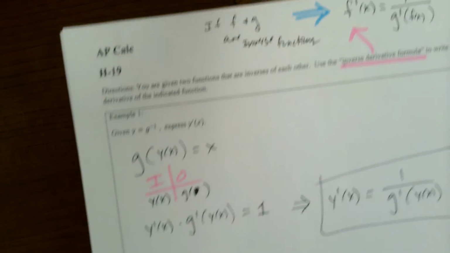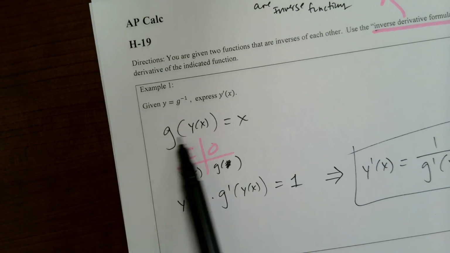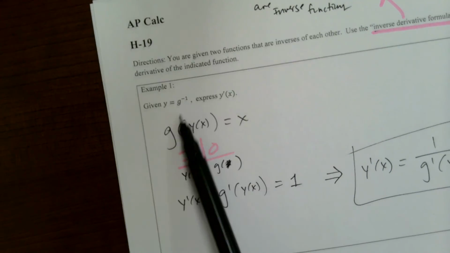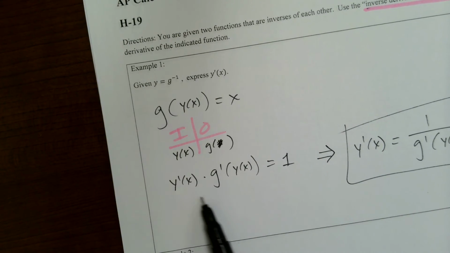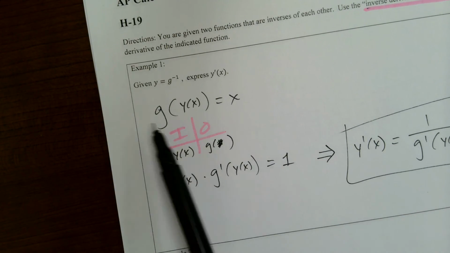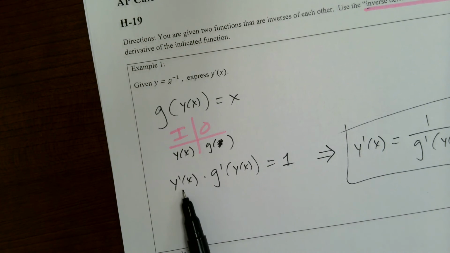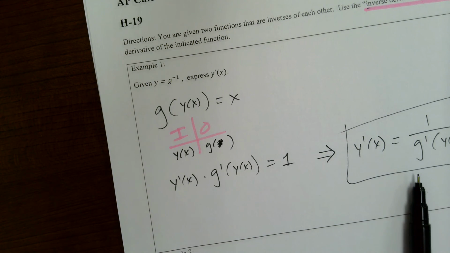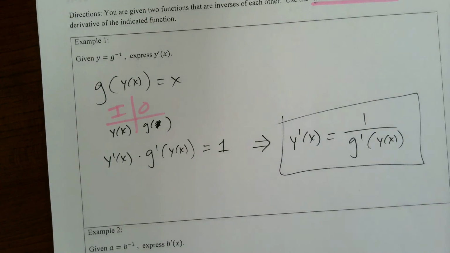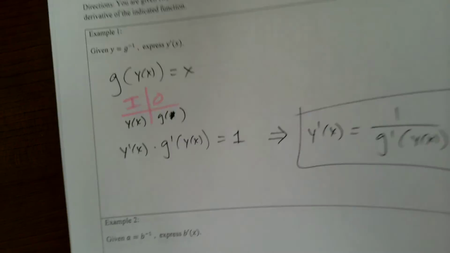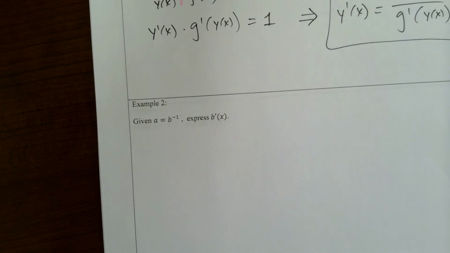So you don't need to start with the composition. When we start with the composition, we're figuring out the formula. But in the future, you could just jump right to the formula. The composition is why it works: the composition and chain rule.